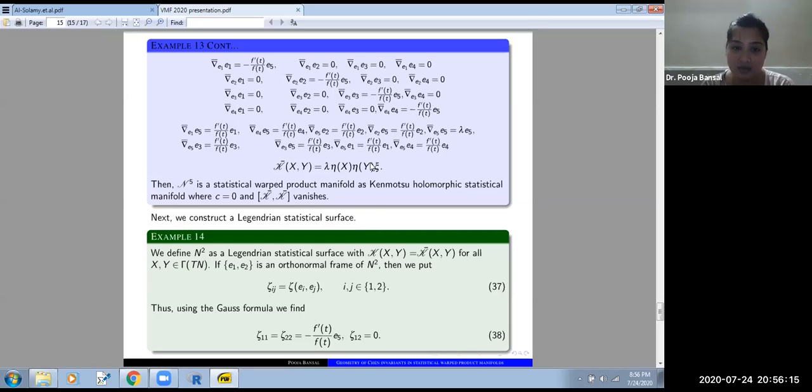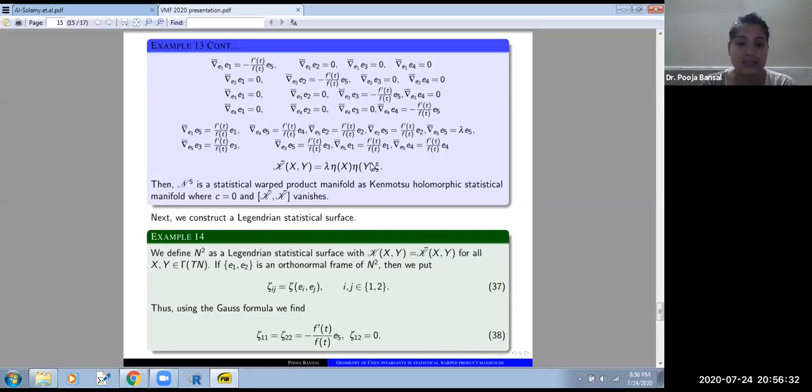Then we can say my statistical warped product manifold M̃ of dimension 5 is a Kenmotsu statistical manifold, where c is 0 and the Lie bracket here K̄ vanishes.